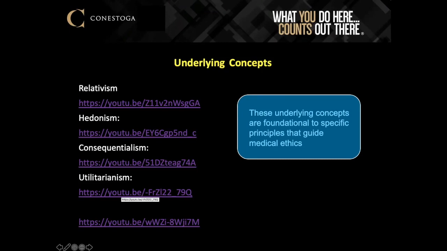Let's look at utilitarianism, because utilitarianism is some of the foundational pieces of how medical ethics started. We talked about this idea that even though you are harming the patient by taking more skin and tissue than is necessary if you're doing cancer surgery, they felt it was the greater good.